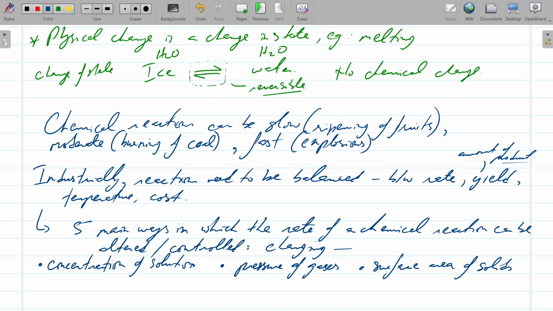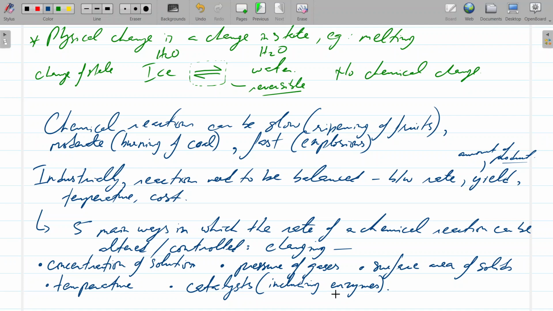After surface area of solids, you have the temperature, and then you have adding or removing a catalyst, including enzymes.